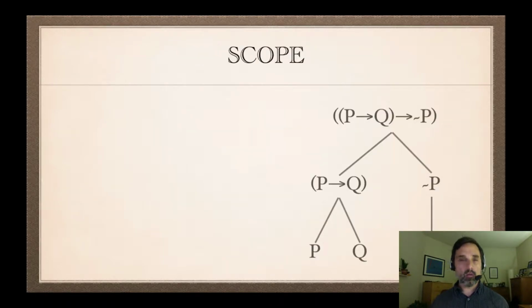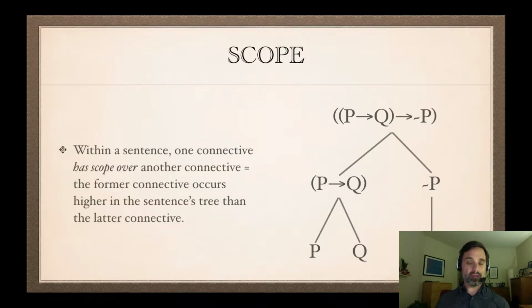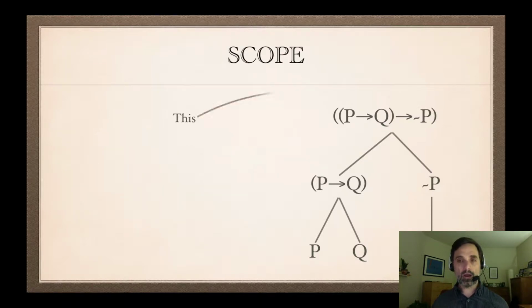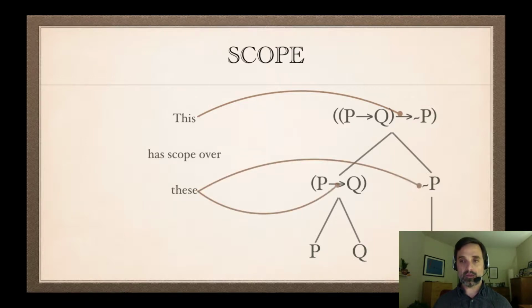One piece of terminology I want to use that I'll be talking about some is scope. So we say that we have a sentence and there are two connectives. We say that one connective has scope over the other if the first connective occurs higher in the tree than the second. So for example, this connective, the conditional there, has scope over the other two connectives in the sentence because it first shows up in the tree higher than the point at which the other two first show up.